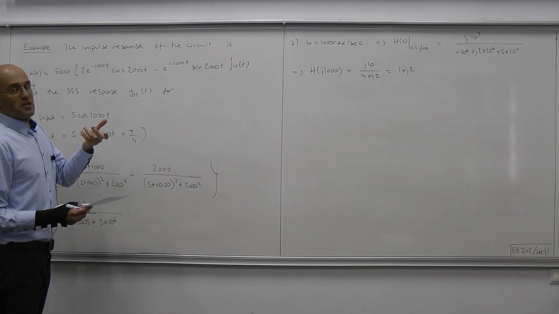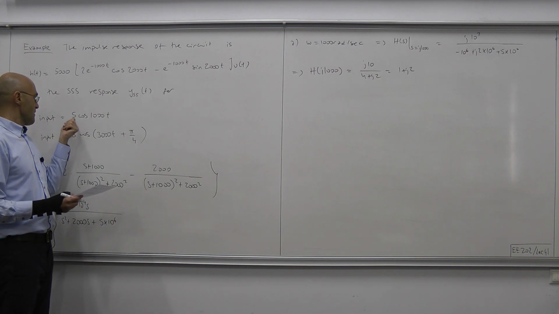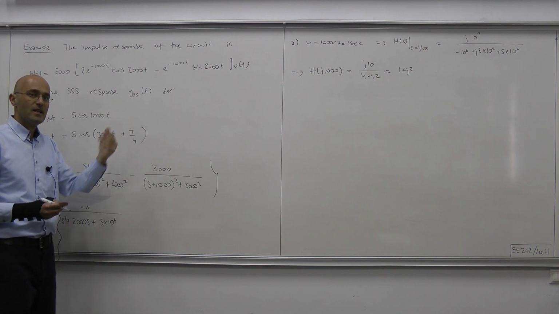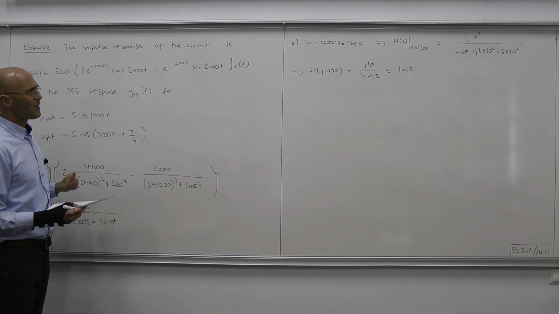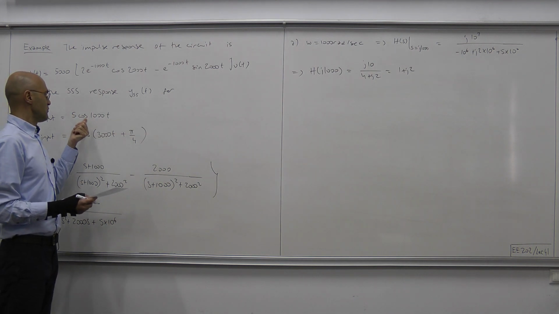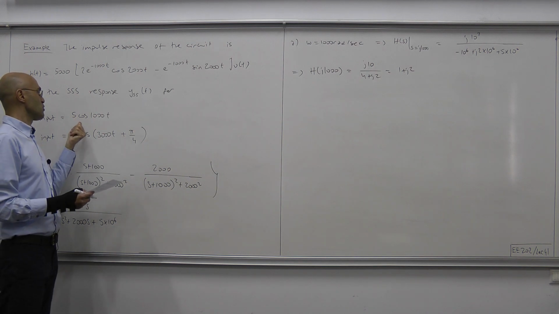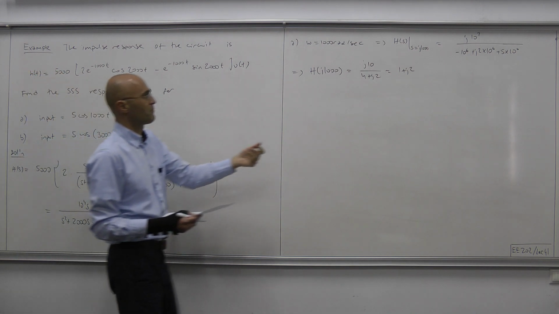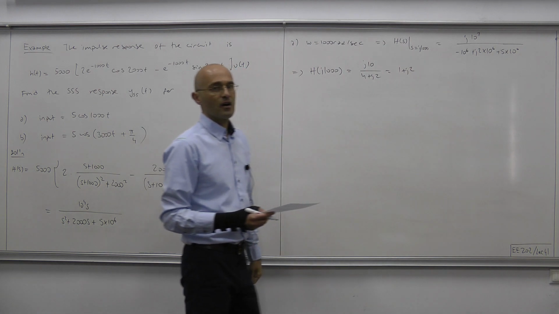Since the magnitude is square root of 5, at the output you will see the amplitude of the input times that magnitude, which is square root of 5. As for the phase, the output will be 5 square root of 5 times cosine(ωt), in this case 1000t, plus the phase of H(jω), which is arctangent 2.